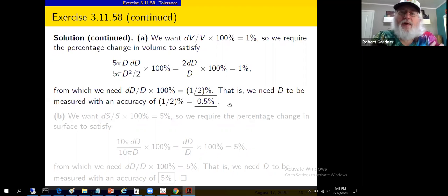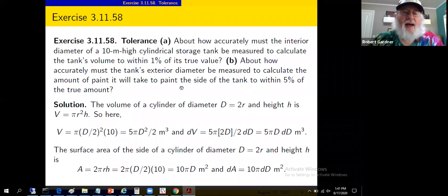How about surface area? We'll do the same thing, and a similar thing will happen. We'll end up with a dD over D times 100% in the surface area as well. Let's go back and read the question for part B. About how accurately must the tank's exterior diameter, also calling it D, be measured to calculate the surface area of the tank to within 5% of the true amount.